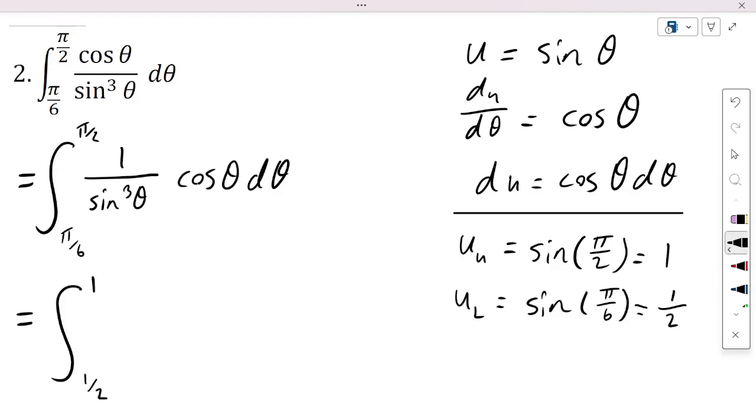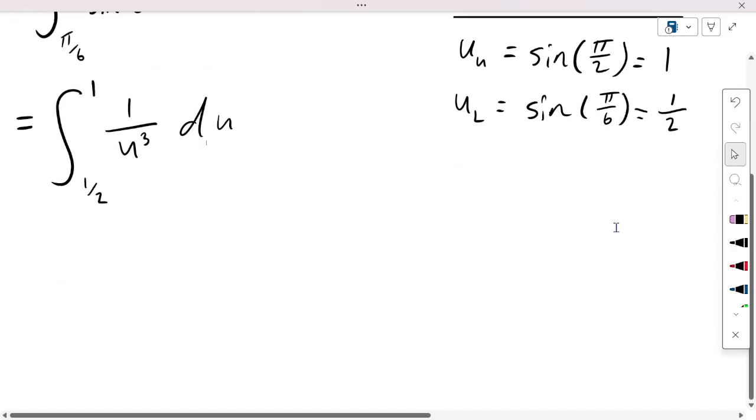Just make sure that's correct. We can substitute u into sine cubed theta, meaning we'll have 1 divided by u cubed. Because we know cosine theta d theta is equal to du, we can substitute that directly. Now we have an integral that looks like this, and that is exactly what we want.